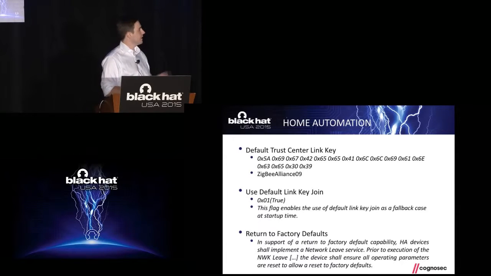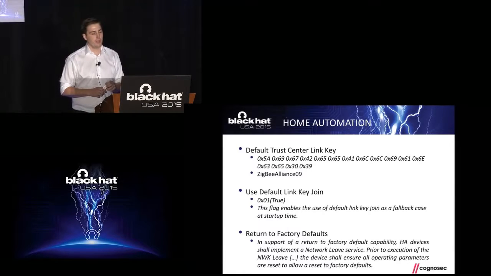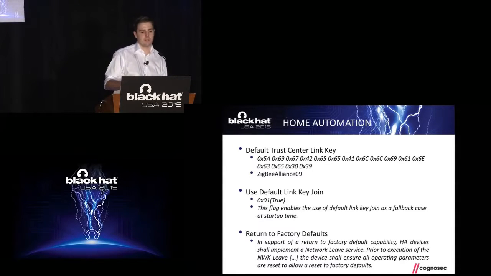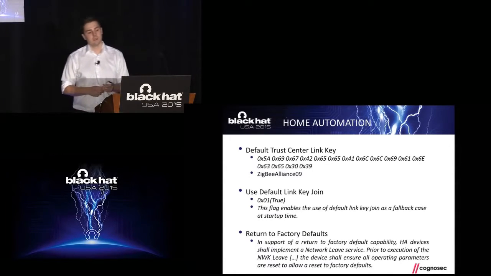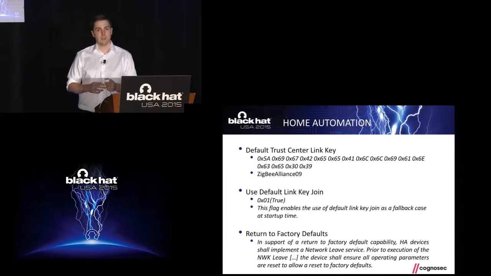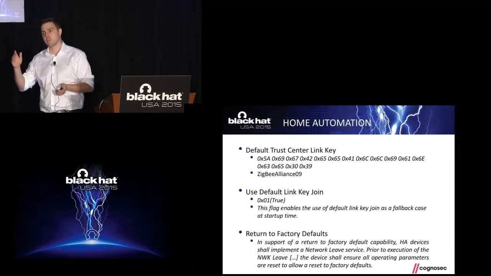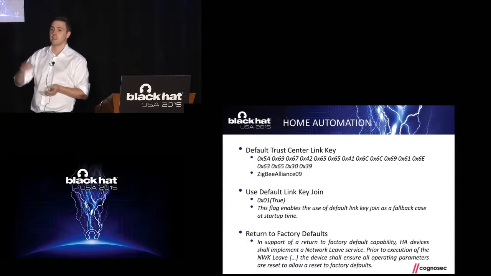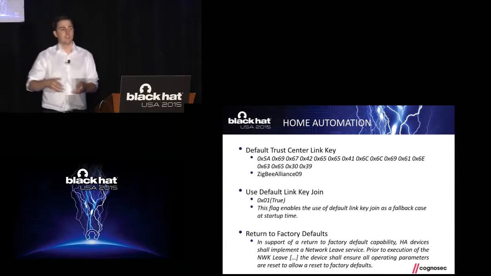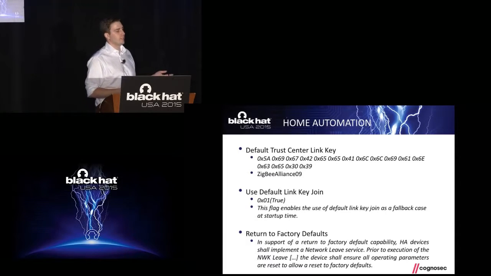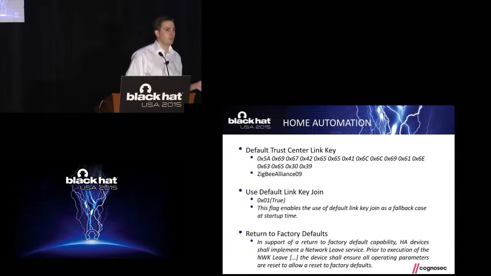So that's our 3 attributes from the home automation application profile. As you see, the first is a default trust center link key. What is a default trust center link key? As you might have noticed before, when a device wants to join a network, it asks the trust center for the key. So in the past, they did it in plain, so they sent the key unencrypted.